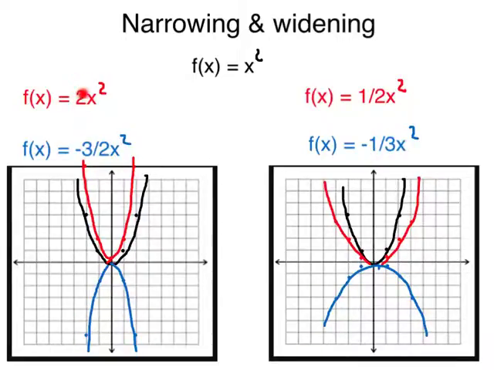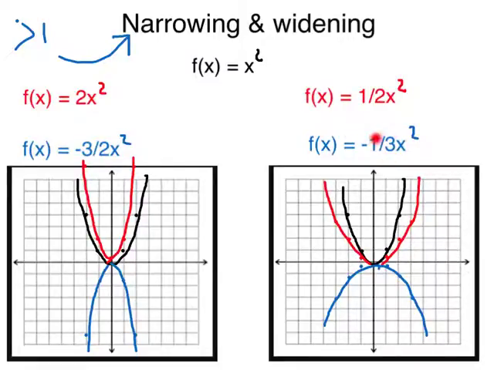But here's the key. The number that you multiply it by, if it's bigger than 1, say 2 is bigger than 1, 3/2 is actually 1.5. That's also bigger than 1. When the number is bigger than 1, it narrows. But look at here. This number is smaller than 1. This number is also smaller than 1.